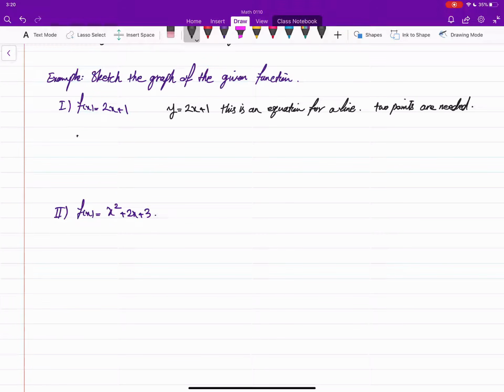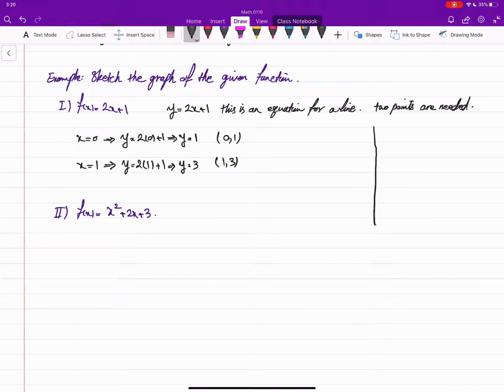Plug in different values of x. x equal to 0 gives me y equals 2 times 0 plus 1, and that gives us y equal to 1. So one point is (0, 1). For the second point, plug in any other value. You could have plugged in y equal to 0 to find the x-intercept, but let me just do it this way: x equal to 1, and then y is equal to 3. So 1 and 3. 2 points on the line are known now.